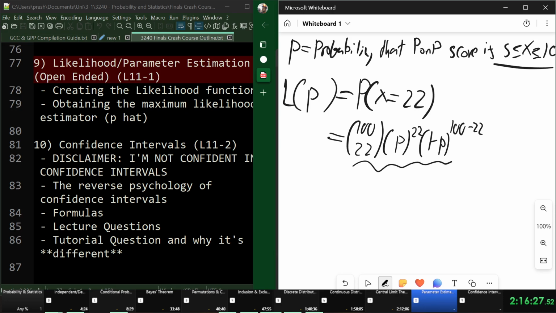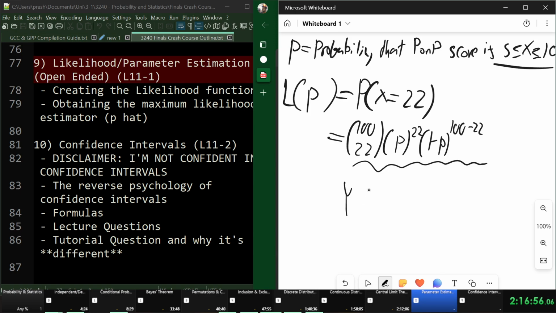So this is a function of p that shows you the data you just measured here, 22. This is how you create a likelihood function. You've got some sample and a certain number of things happened. So let's say you're measuring some variable y.